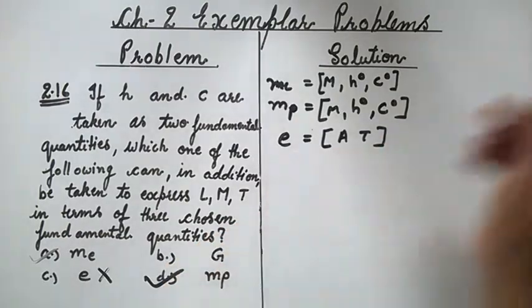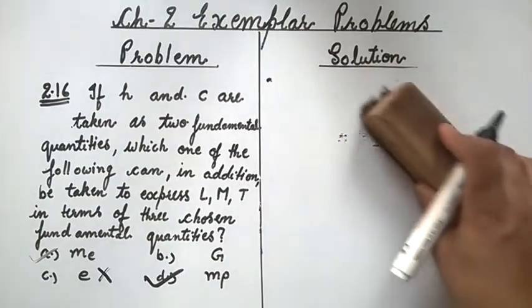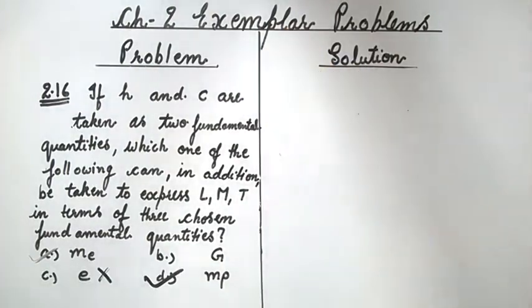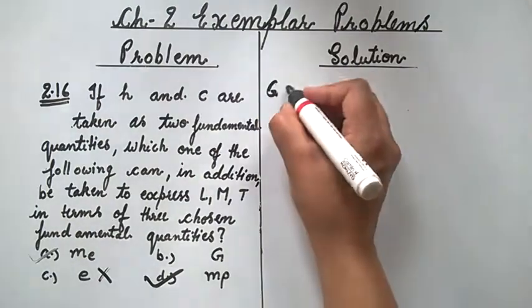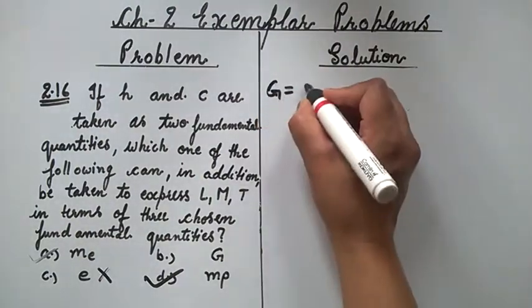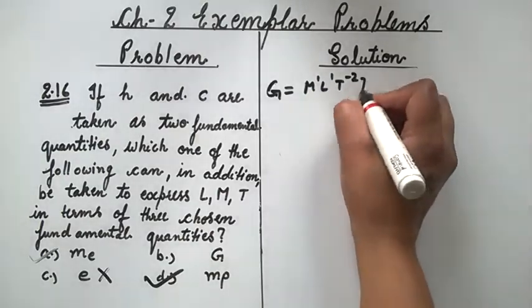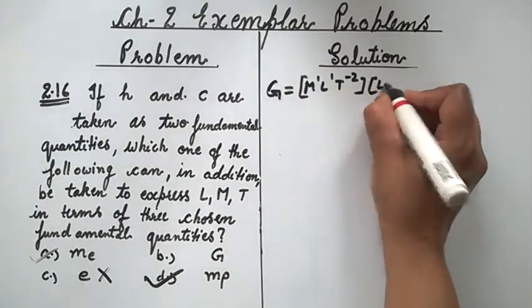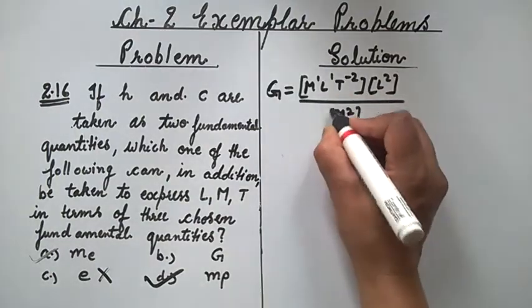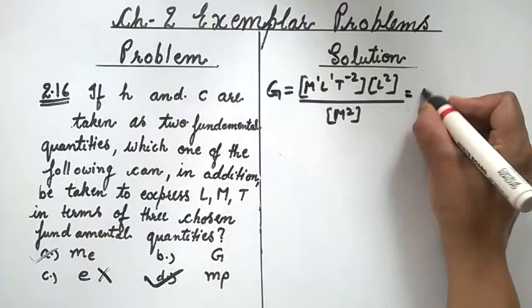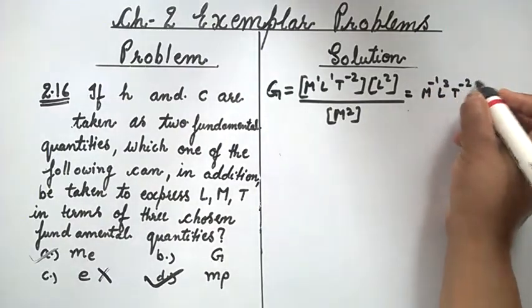And now let's see gravitational constant. The dimension of gravitational constant is m1 L1 T minus 2 into L square by m2, that is m minus 1 L3 T minus 2.